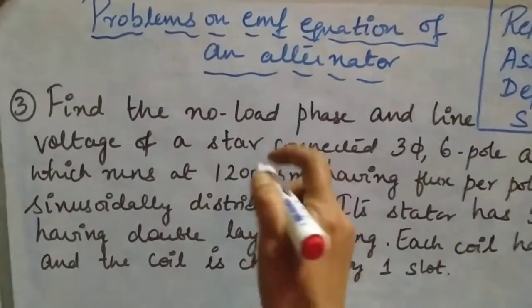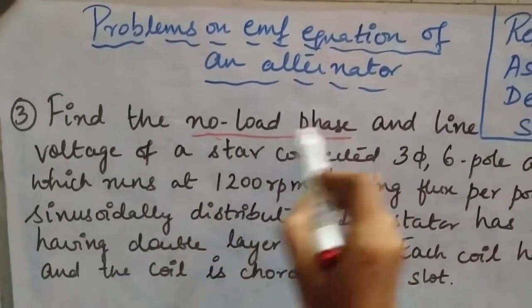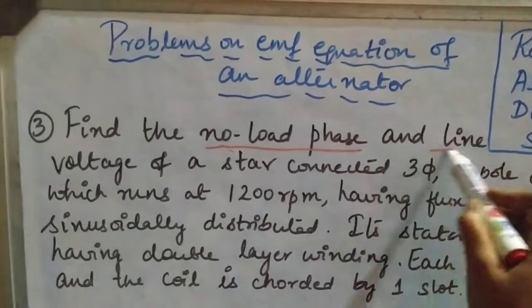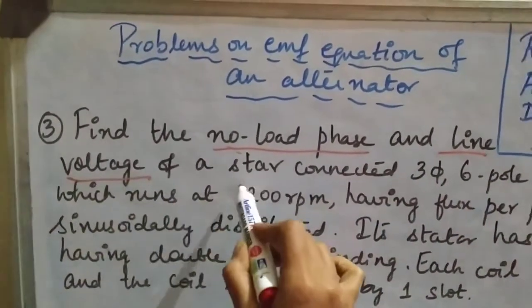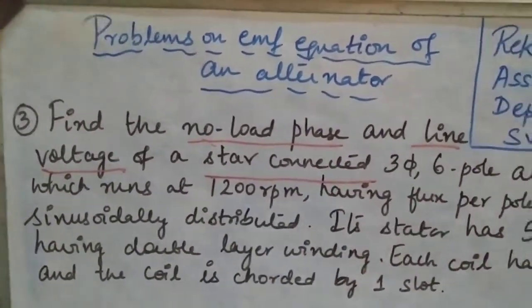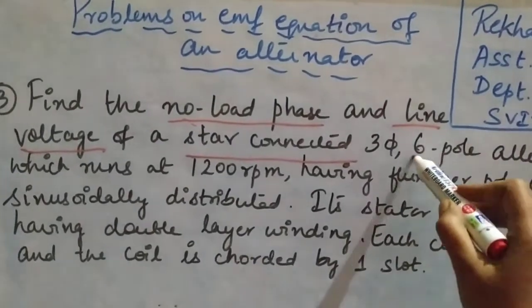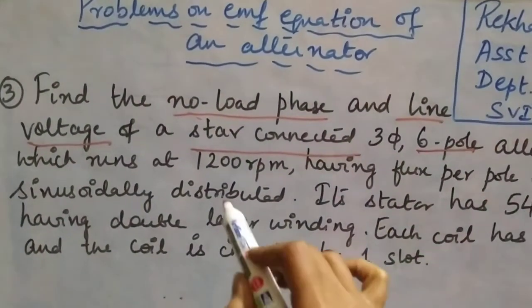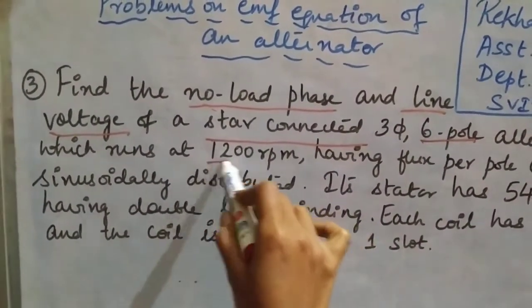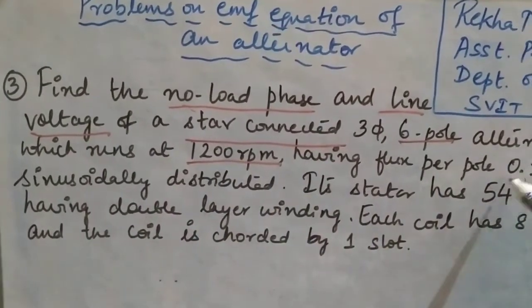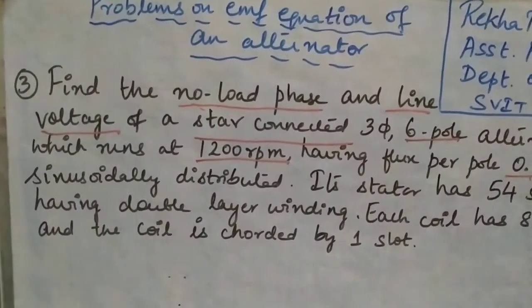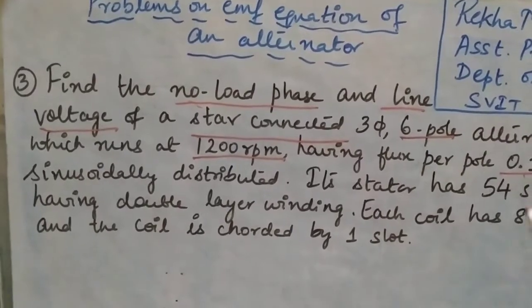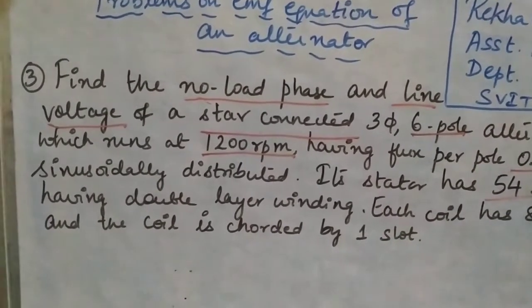We have to find out the E phase and the E line voltage, with a star connection, a 6-pole machine with synchronous speed 1200 rpm, flux per pole 0.1 Weber, and they have clearly mentioned it has 54 slots.